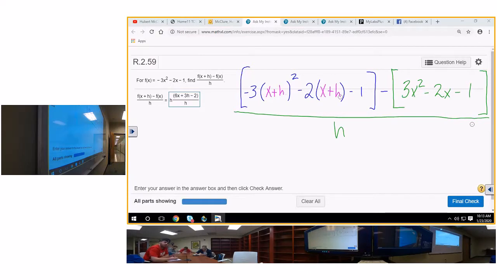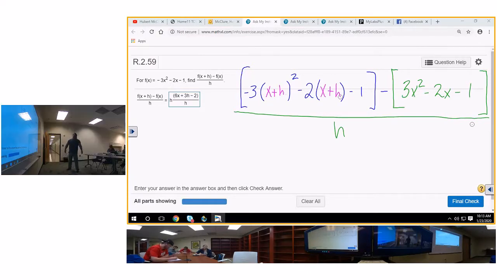All right, now you're back to 100% algebra. So now you're going to take -3, you're going to cross it over with shortcut number 1, distribute the -2.